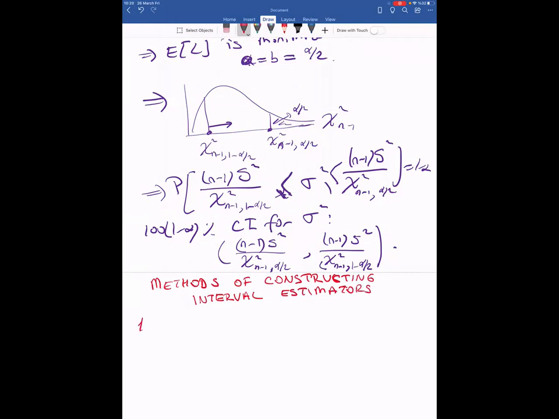Our first method is the pivotal quantity method. We will work with some statistics, but basically we will consider a quantity, which will be a combination of the parameter and also the statistic.